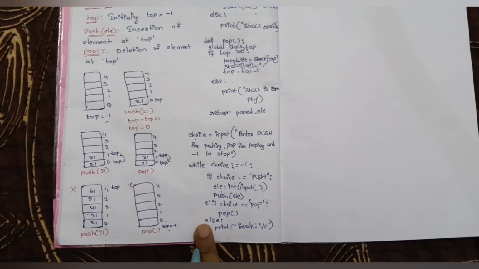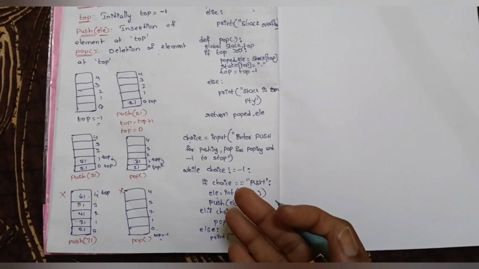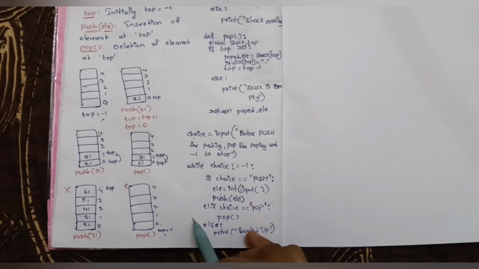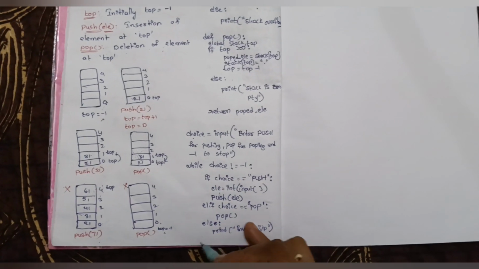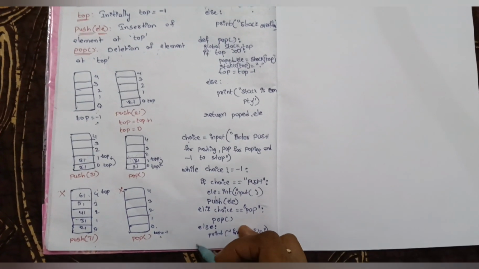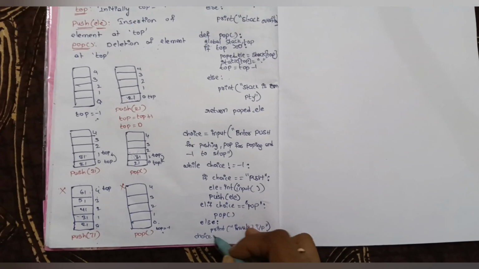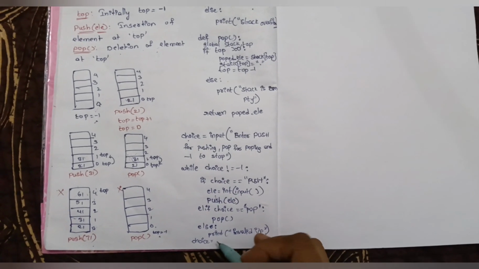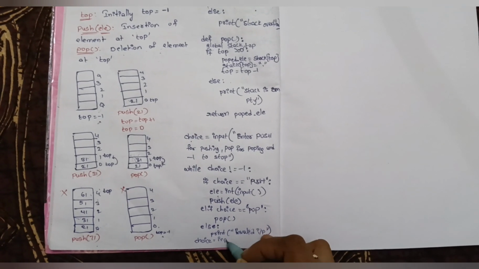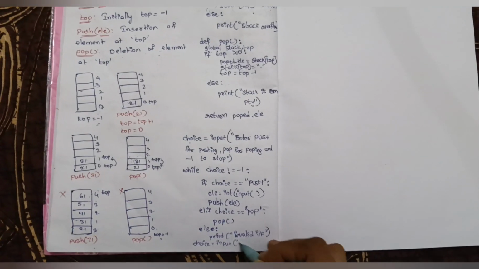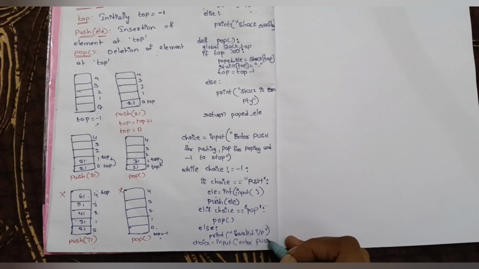And after that, we have to ask the user repetitively. That means inside the loop, at the end of each iteration, we have to prompt the user to give his or her choice again until the user enters -1. Choice is equal to input of enter push for push, pop for pop.